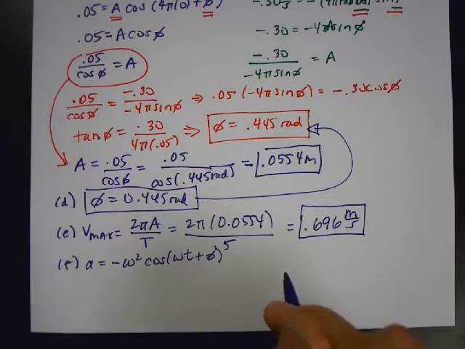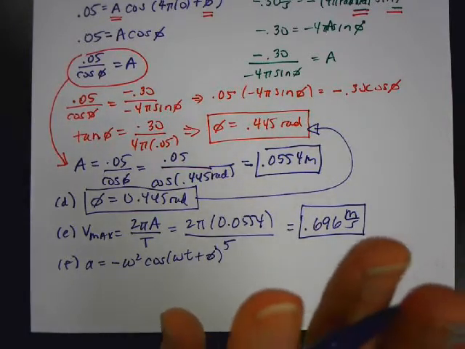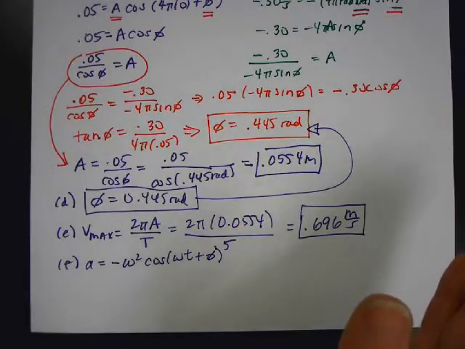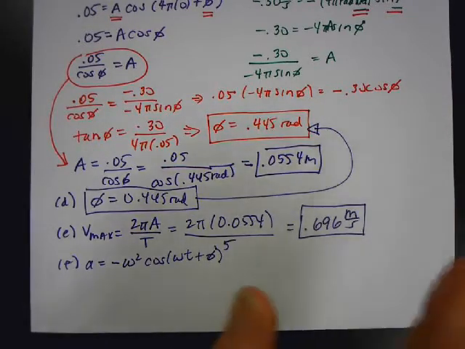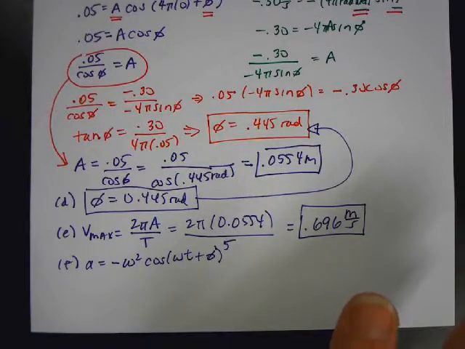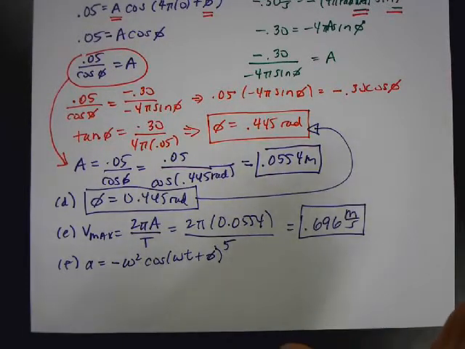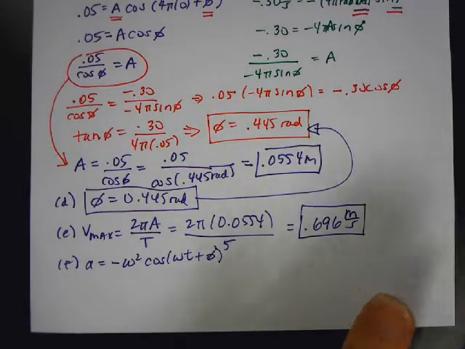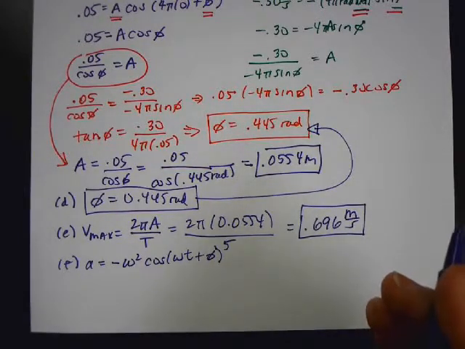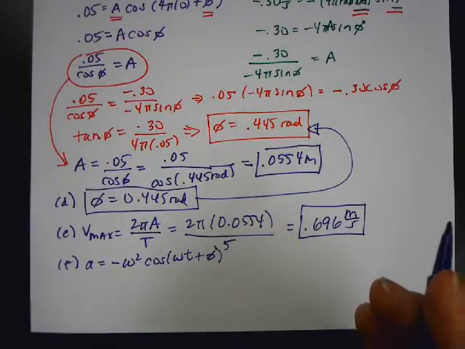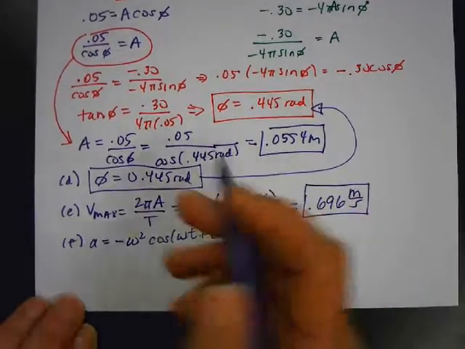So this is either going to occur at 0 radians, or at 180 degrees or pi radians. Basically you can use either one, because you just want to find the magnitude, since it says the maximum acceleration. So it's probably easier to use pi radians or 180 degrees, because this way you get rid of the negative sign.